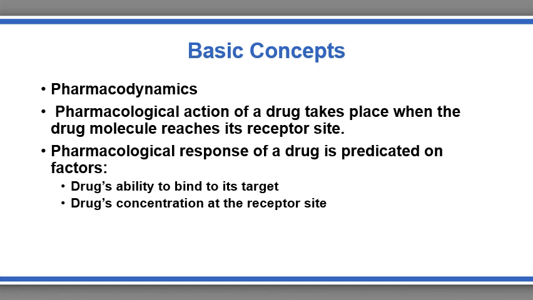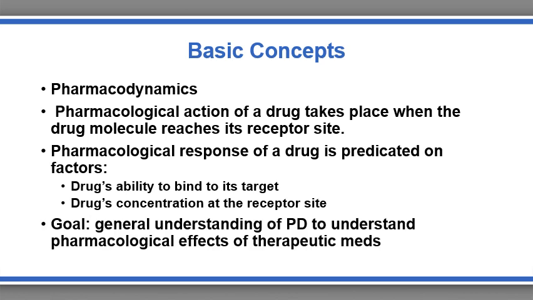The drug has to be at a certain concentration, so that's where the dose, how much of the drug you're taking, is going to matter. Again, the goal is to get a general understanding of pharmacodynamics and to understand what's going to happen when people take various therapeutic medications.